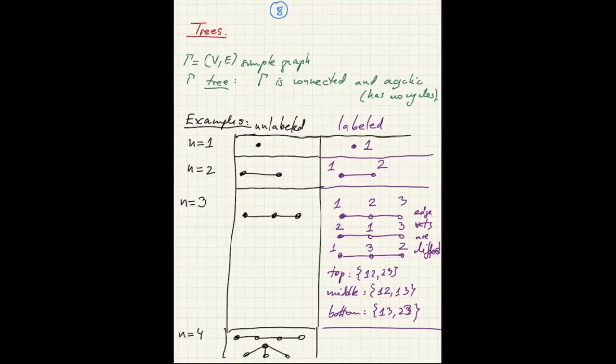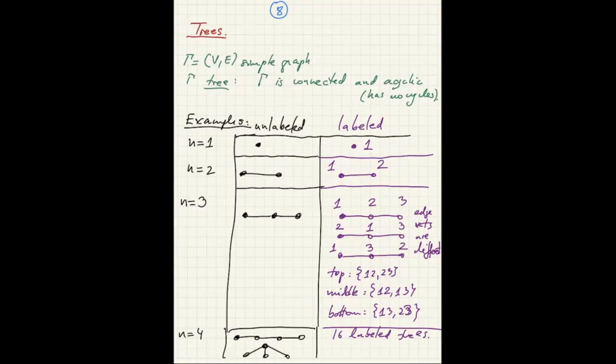You can try to find others, and see how many there are unlabeled. And labeled, I'm not going to draw them here, but I can tell you that there will be 16 labeled trees. So we'll get to that in maybe not this lecture, but in the next lecture.